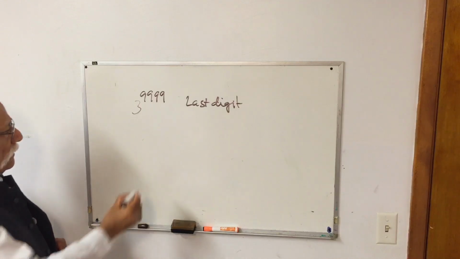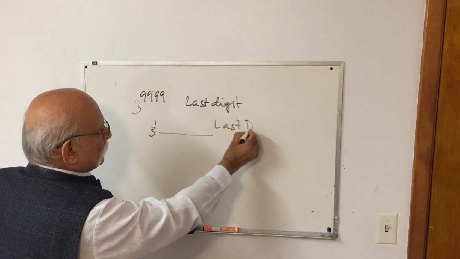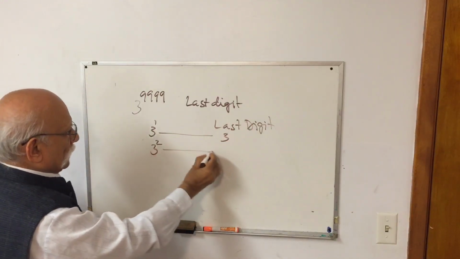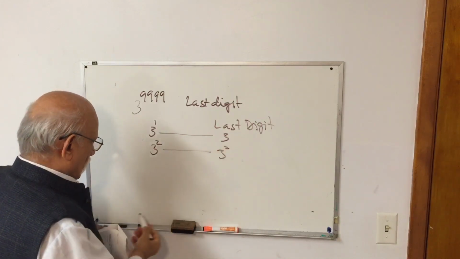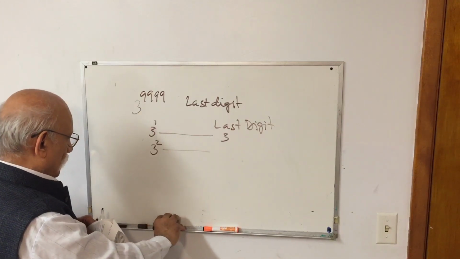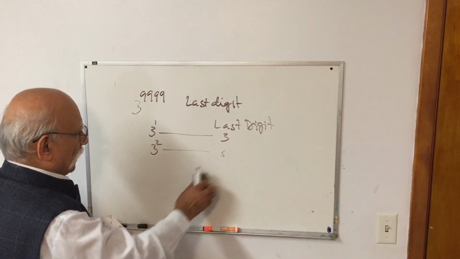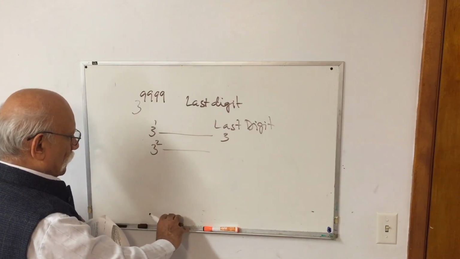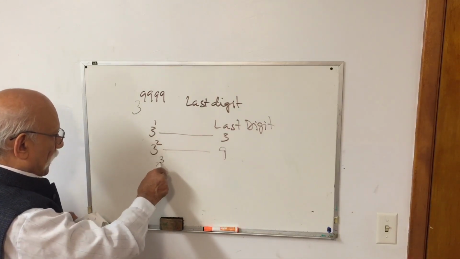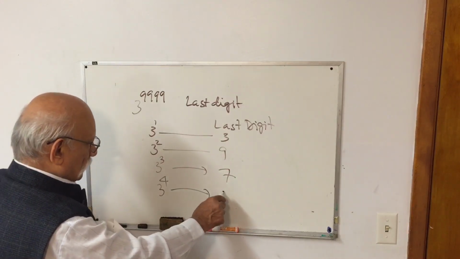You make a chart. 3 to the 1, last digit is 3. 3 to the 2, last digit is 9. 3 to the 3, last digit is 7. And 3 to the 4, last digit is 1.